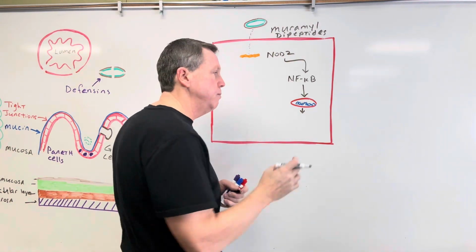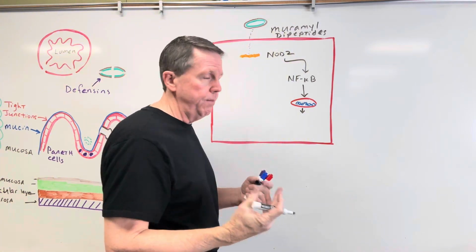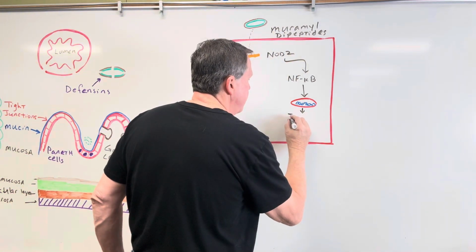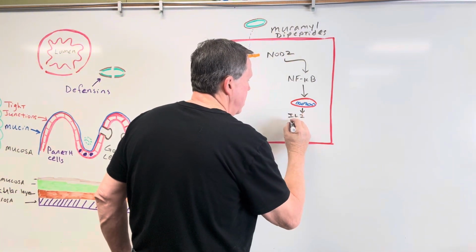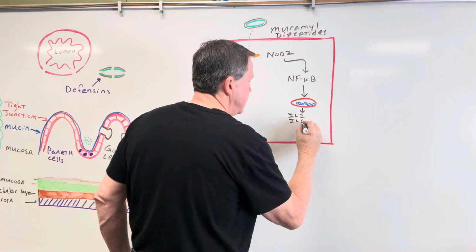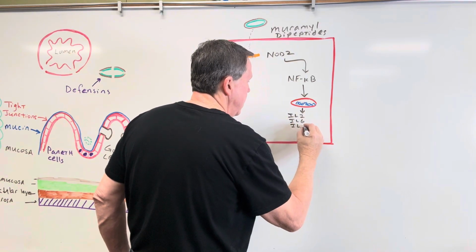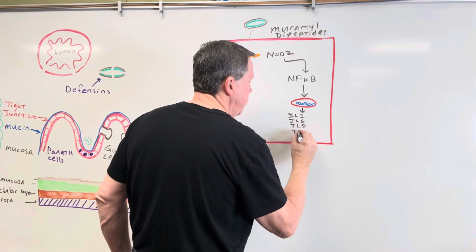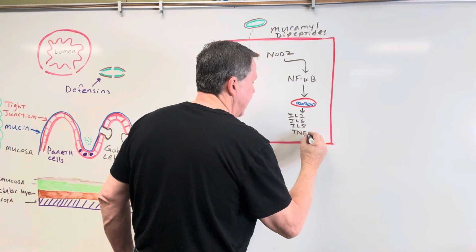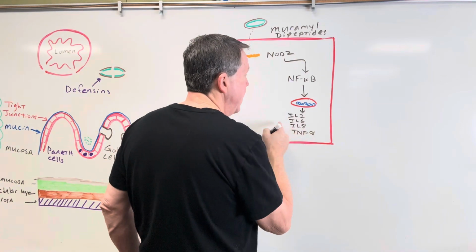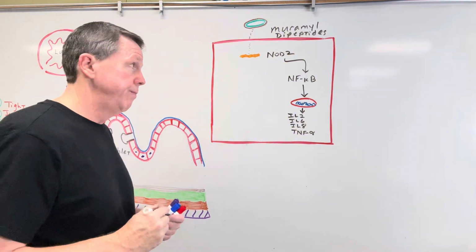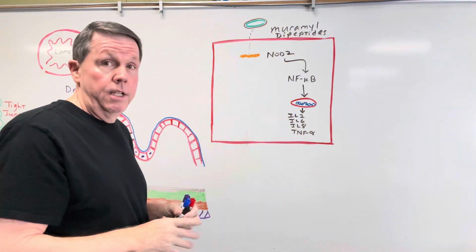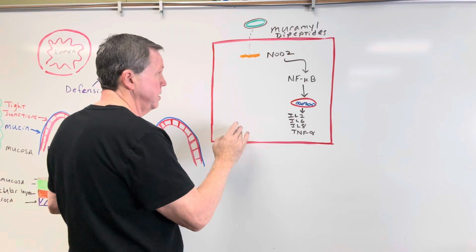Cytokines are basically substances that cause inflammation. The cytokines it's going to make are interleukin 1, interleukin 6, interleukin 8, and then something called tumor necrosis factor alpha. That's what it's going to make under normal conditions. Okay, that's what we want, right? Because we're protecting our immune system here.